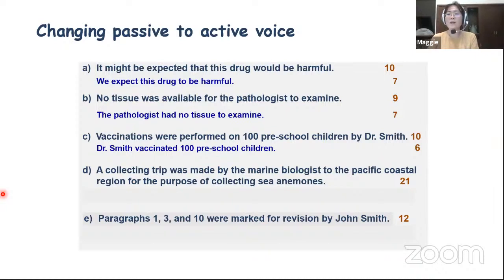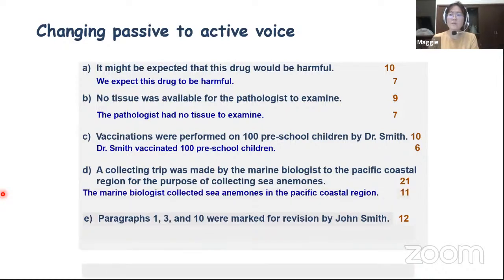Then the next one: a collecting trip was made by the marine biologists to the Pacific coastal region for the purpose of collecting sea anemones. This is a long sentence with 21 words. If we change to the active voice, it will be: the marine biologists collected sea anemones in the Pacific coastal region. That reduces 10 words in total, and is much easier for us to understand.